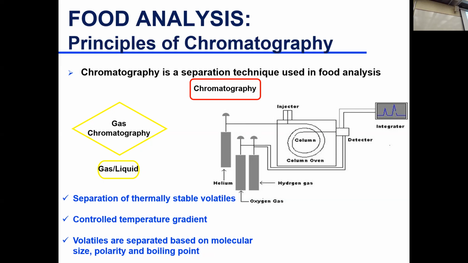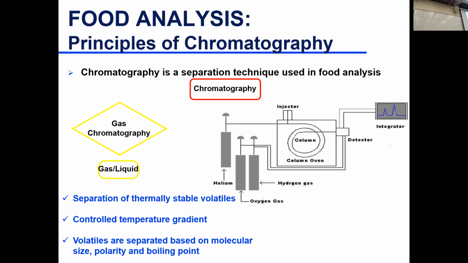And what happens then, your compounds get separated based on their molecular structure, size, and polarity. So they interact with the column, and then they get released into the gas phase based on their volatility or thermal stability, at which temperature they become in the gaseous state.